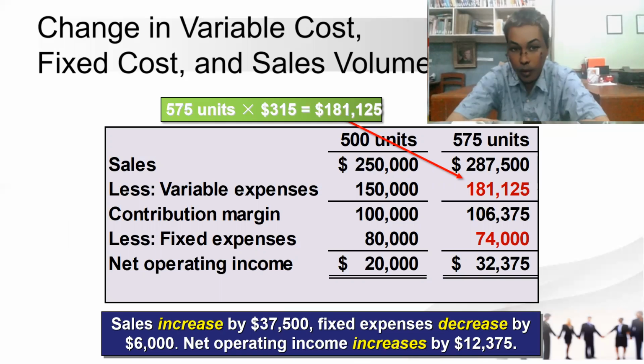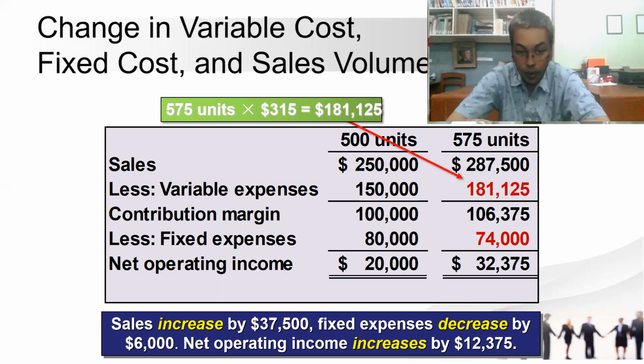Okay. That is the additional variable expense. But if you add the total variable expense per unit, that is 315.